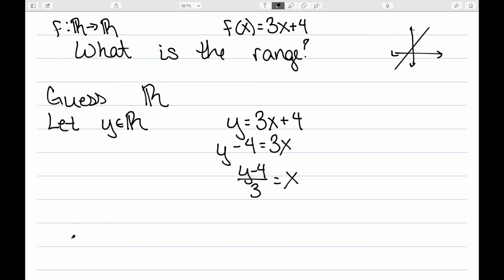And this gives me that f of (y minus 4) over 3 will be equal to y, which is exactly what I want. I took an arbitrary element in the real numbers and showed that there is a number that maps onto it.